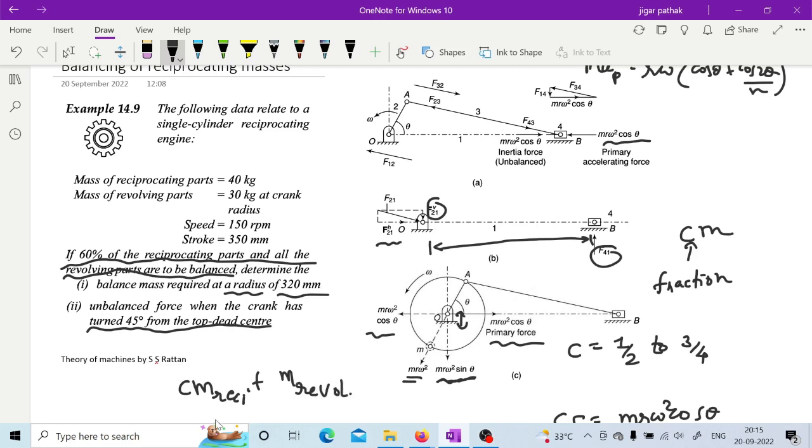Reciprocating mass is given as 40, revolving is 30, and c is provided as 0.6, right? So the total mass to be balanced will be 54. Is it correct?